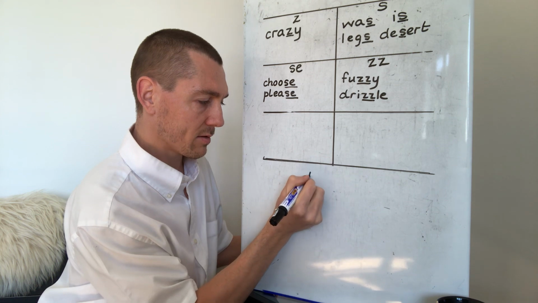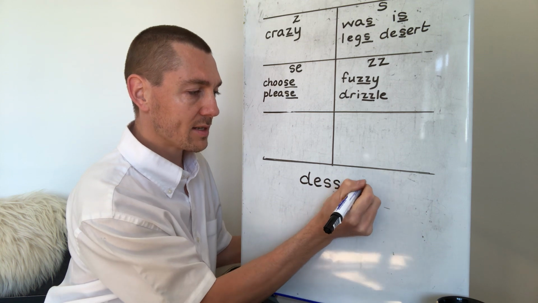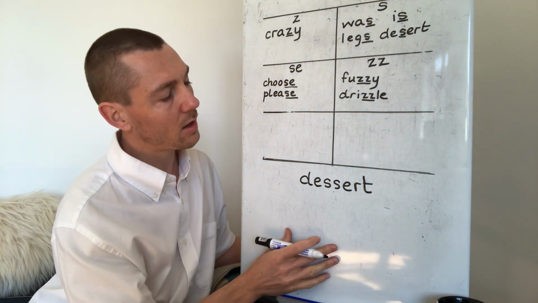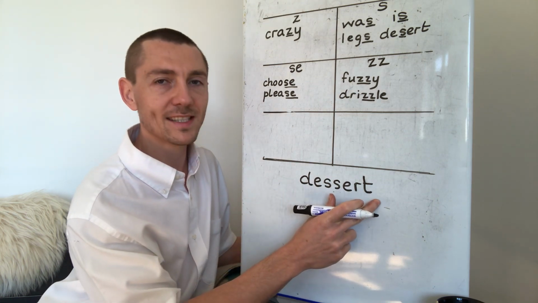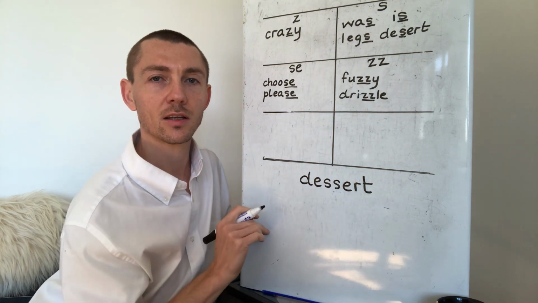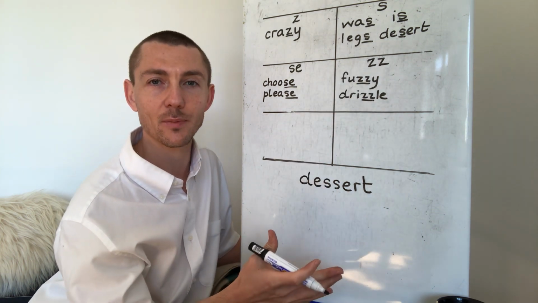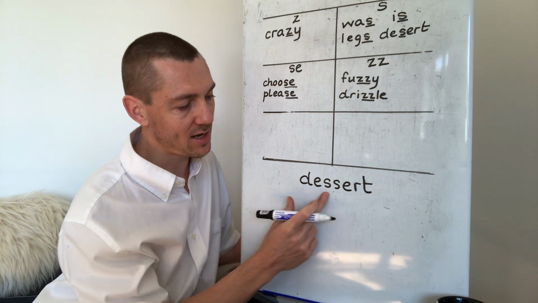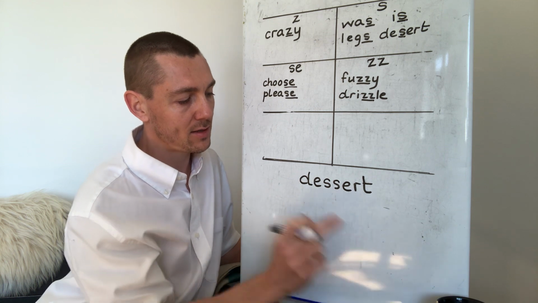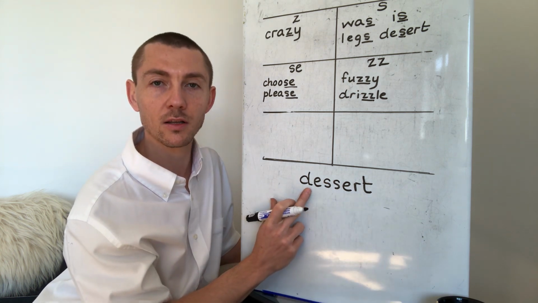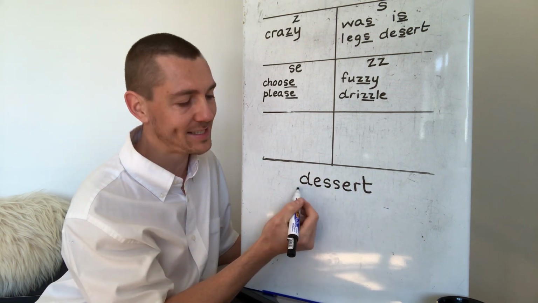Okay. Now, this word is very similar but slightly different. See if you can see the difference. After 3, the word is 1, 2, 3. Dessert. Your turn. Dessert. Different from desert. A desert obviously being a very hot place. Dessert being what you have after you finished all of your dinner. Dessert. So the emphasis here is on the first syllable, isn't it?